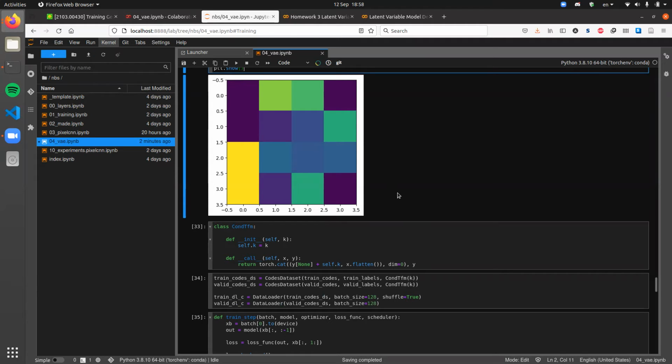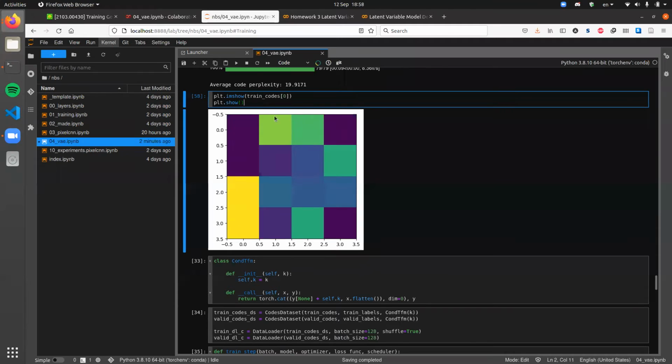Yeah, and that makes sampling, I believe, a bit harder. So the prior model we have here should model this categorical distribution, but it might be easier to model a distribution which has some structure or ordering in it.